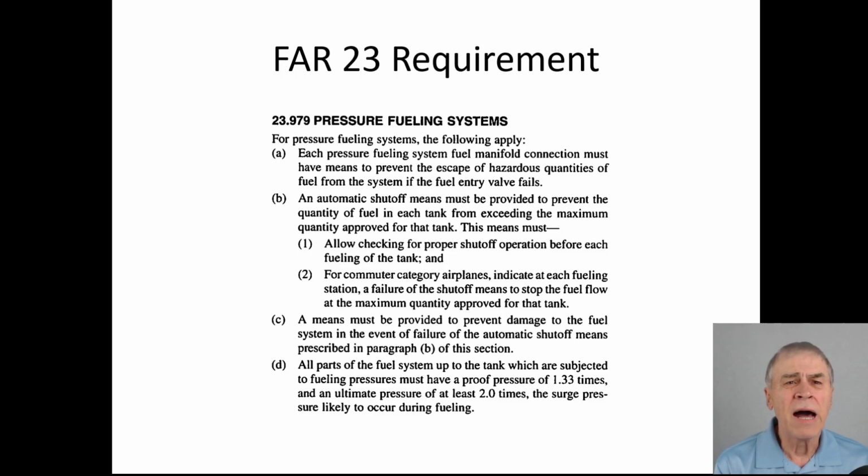So basically an automatic shutoff that can be tested before you fuel, and an indicator like a light or something that shows that shutoff means has failed. C, a means must be provided to prevent damage to the fuel system in the event of failure of the automatic shutoff means that we just talked about.